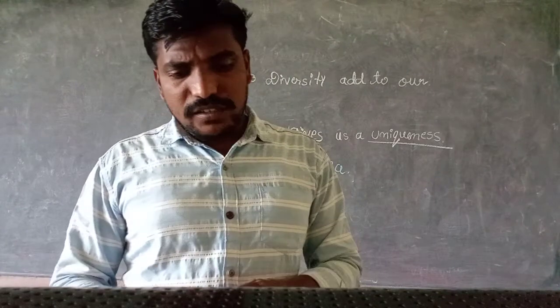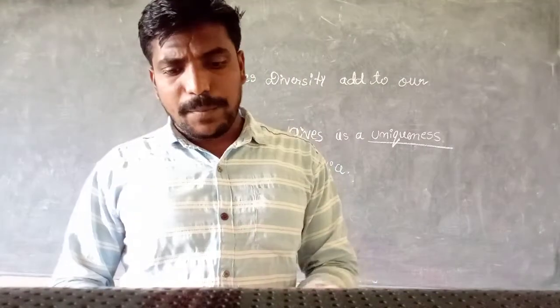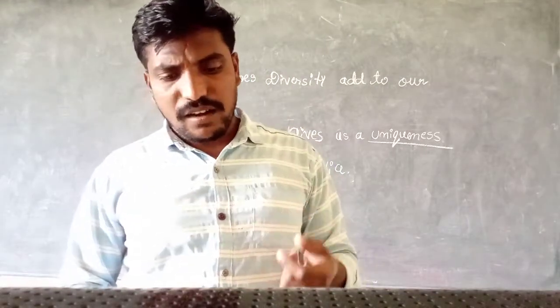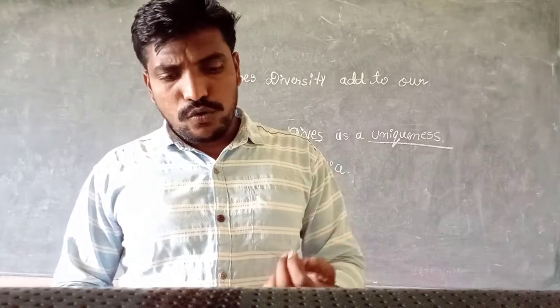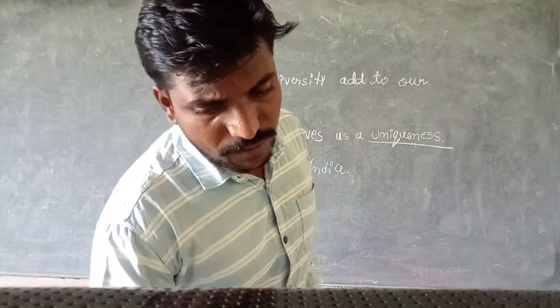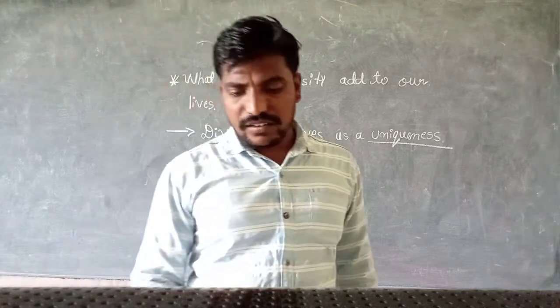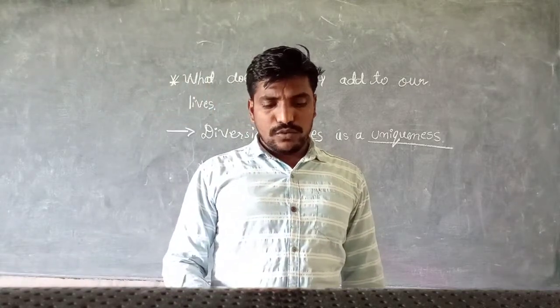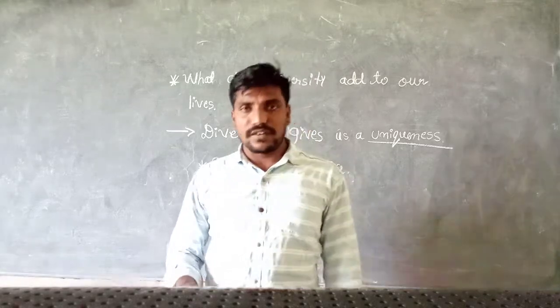But most of the people think similar things, only they do them in different ways. So what is the point, children? Most of the people think similarly, only we do them in different ways.